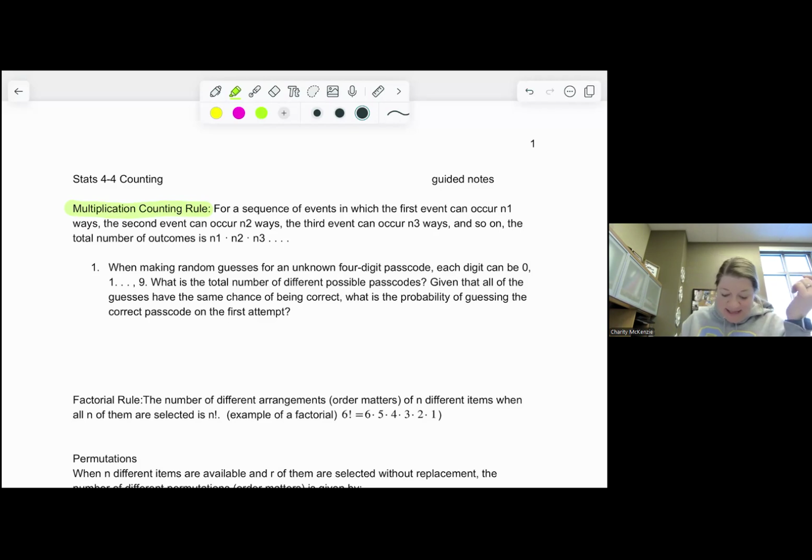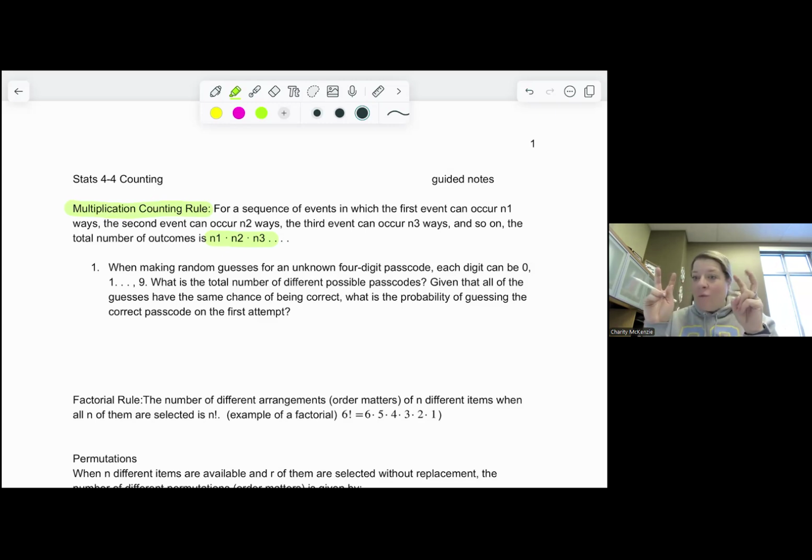It's basically the idea that you multiply the number of ways for each thing by each other. So let's think about if I had a 4-digit code to my computer where you could change your grades, and it was just four numbers. Then I would have 10 options for the first one, then 10 options for the second, and so forth.